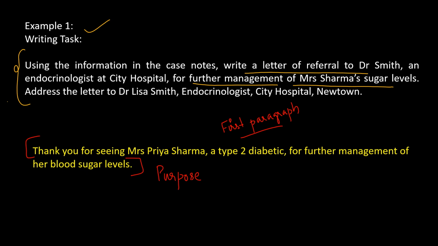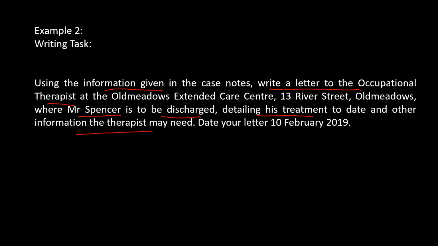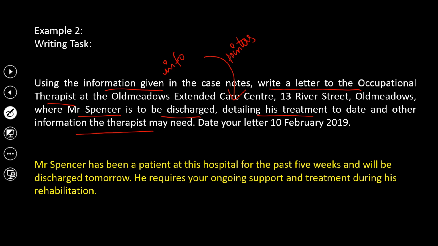Let's have a look at example 2. Using the information given, write a letter to the occupational therapist. Mr. Spencer is to be discharged, detailing his treatment and other information. So this is a letter giving information, and we know the pointers we need to mention. The reason for writing the letter. So let's have a look at an example of the purpose.